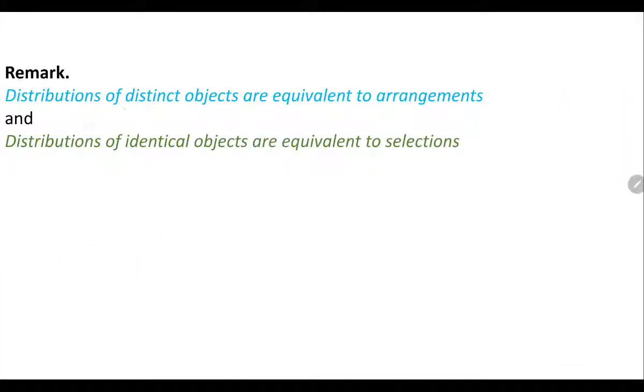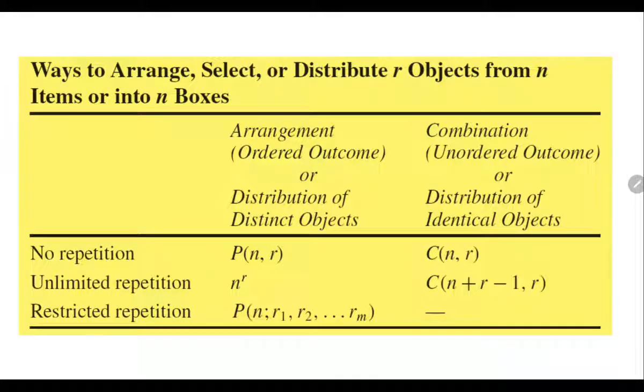Distribution of distinct objects is arrangement, while identical objects is about selection. This is the standard table which we have discussed till now: arrangement with no repetition, unlimited repetition and restricted repetition. Similarly, selection with no repetition and with repetition.